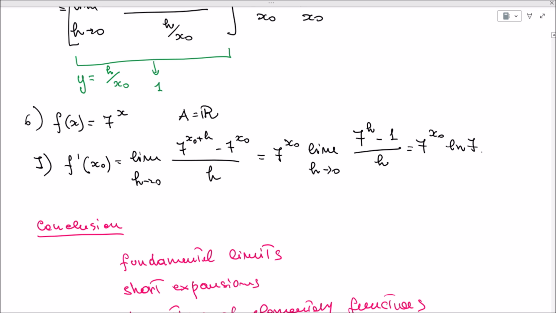In fact, when calculating the derivative of elementary functions, we made extensive use of both fundamental limits and the short expansions.